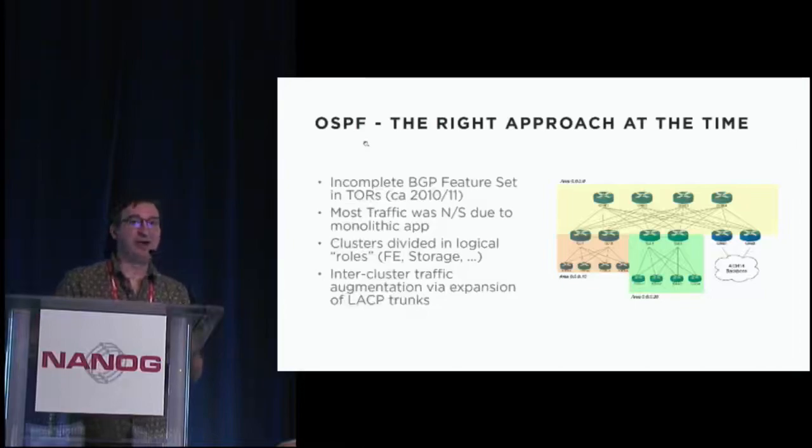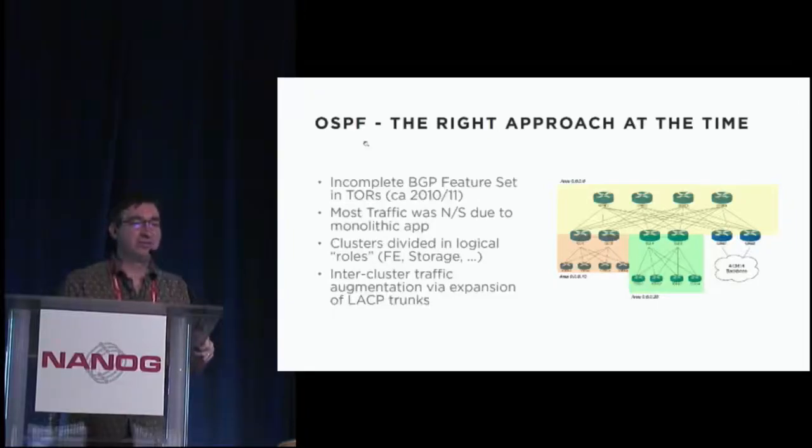Speaking to our environment, we had a rather heavy north-south bias to our traffic, and this comes back to the point that at the time, the Twitter app was a big old ball of Ruby on Rails, and there wasn't a whole lot of disaggregation of various components of the app going on. So we built an OSPF topology, a standard multi-area.